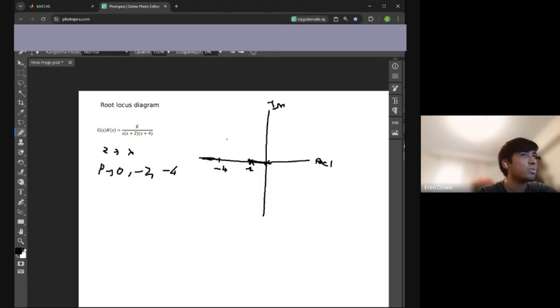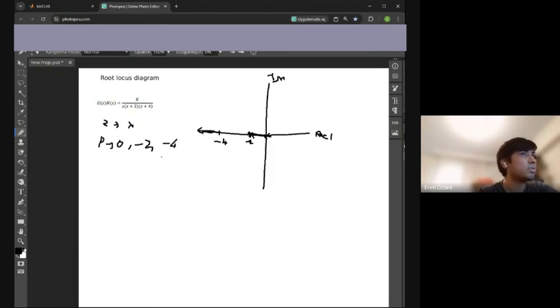Next, the direction of the branches: because there are more poles than zeros, some branches go to infinity. These branches follow straight lines called asymptotes. To find the asymptotes, we take the sum of poles minus the sum of zeros, divided by the number of poles minus the number of zeros.